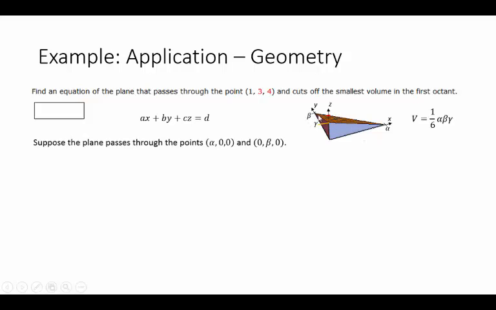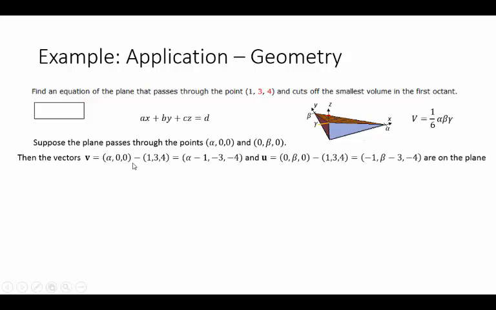First we need to create that plane, so let's say that alpha and beta are points on the plane, which they are because they're intercepts, and then we have the point 1, 3, 4 as another point on the plane. If we draw a vector connecting 1, 3, 4 and alpha, 0, 0, and another vector connecting 1, 3, 4 and 0, beta, 0, then we have two vectors that are on the plane.